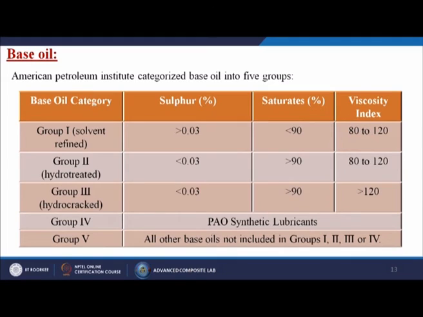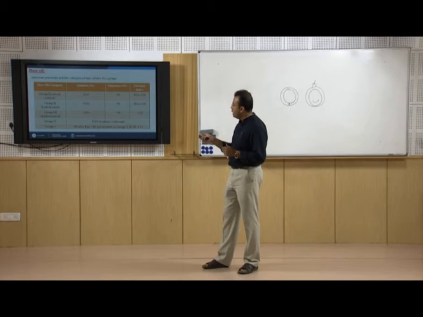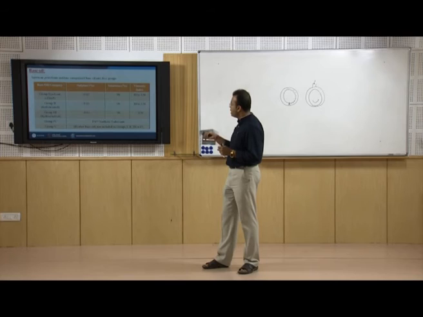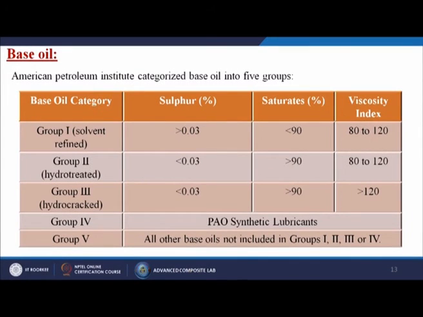So, what are the base oils? The American Petroleum Institute categorizes the base oils into 5 groups. These are all called the standards. The first one is group 1, solvent refined. Its sulfur percentage is greater than 0.03%, saturation is less than 90%, viscosity index is 80 to 120.